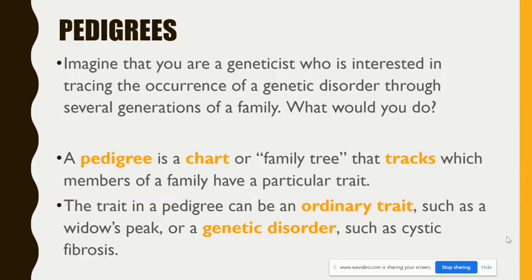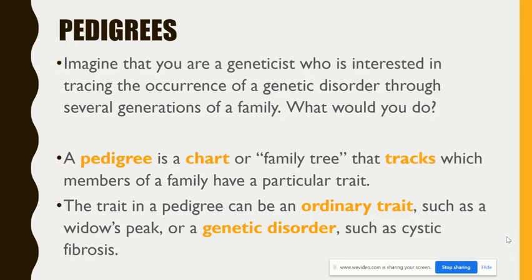So, some other things with genetic disorders that help us track genetic disorders and see what the likelihood could be and look at it. One of those examples is a pedigree. So a pedigree is considered a chart similar to a family tree that tracks which members of a family have a particular trait.